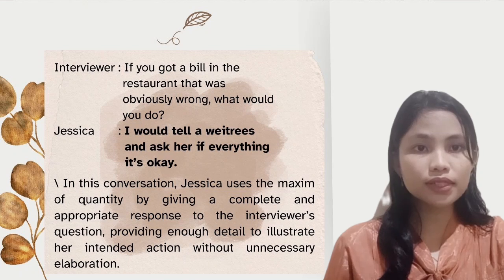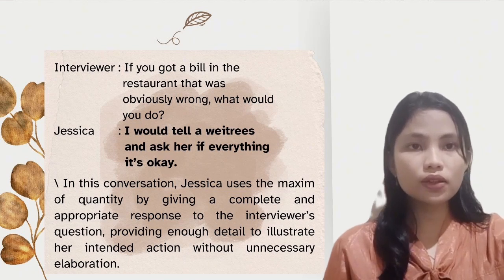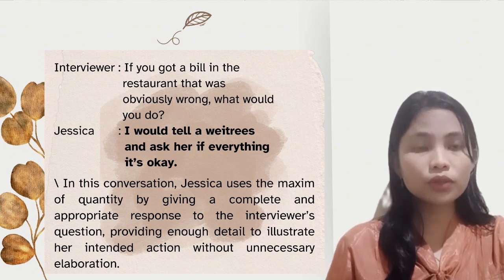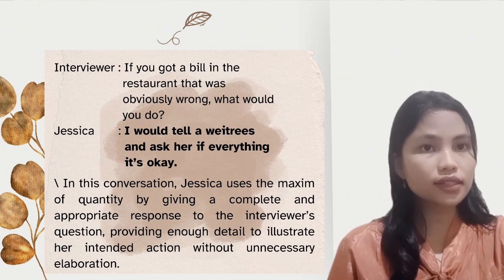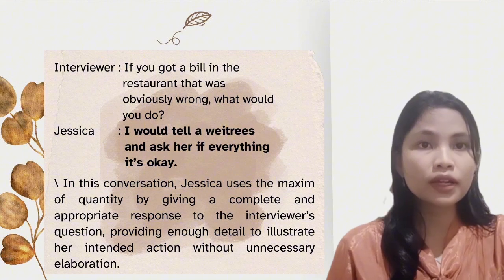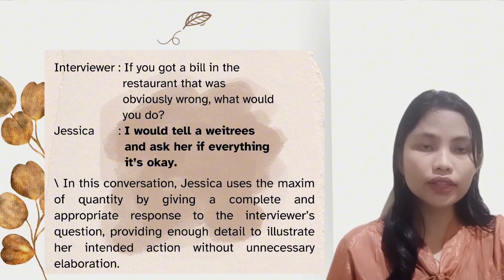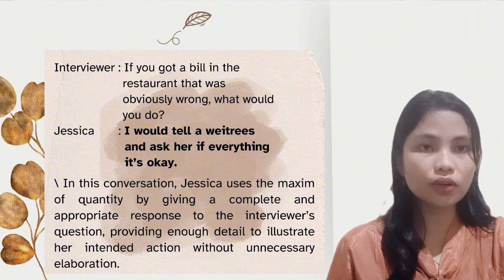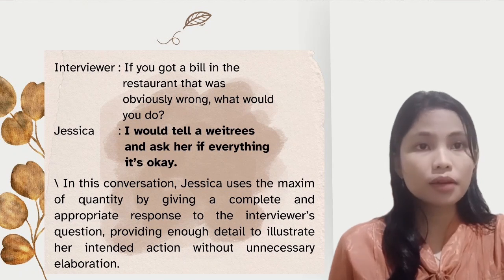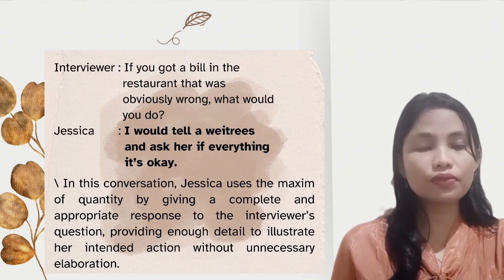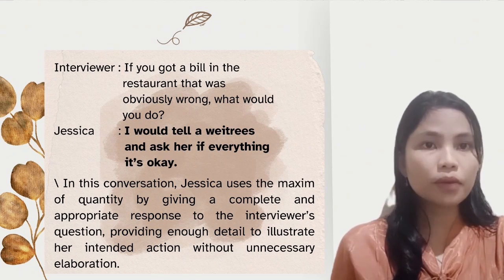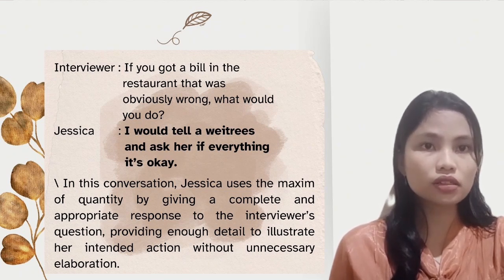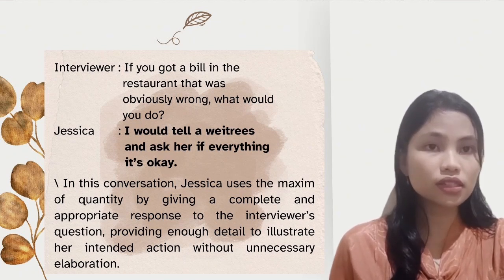Last, the interviewer says, "If you got a bill in the restaurant that was obviously wrong, what would you do?" Jessica said, "I would tell a waitress and ask her if everything is okay." The utterance is a speech act because, in responding to the interviewer's question, Jessica is not just stating a fact but outlining a course of action she would follow, thereby indicating her intended behavior in that situation.